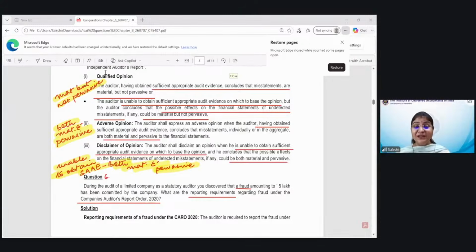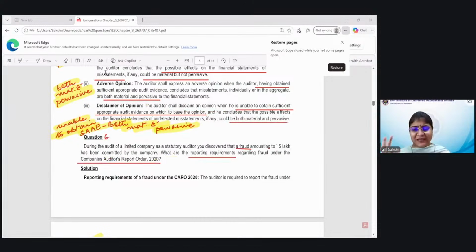Coming to the last, disclaimer. Disclaimer simply says that the auditor shall disclaim an opinion when he is unable to, he has tried his best. He tried to obtain some evidence, he could not. He applied other audit procedures, he was not able to. He applied additional audit procedures, again he was not able to.